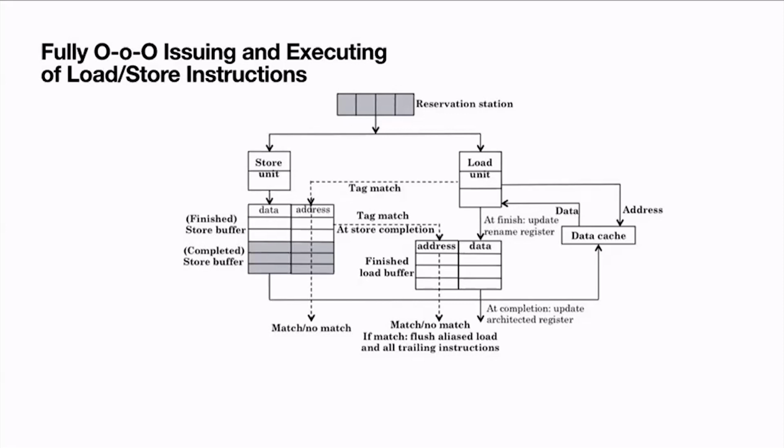But if it comes to the head of the ROB and the speculation is still not resolved, you have to stop until the branch is resolved. Basically, at the time of commit, we will be checking that bit, and depending on that, we decide whether we have to roll back or not.